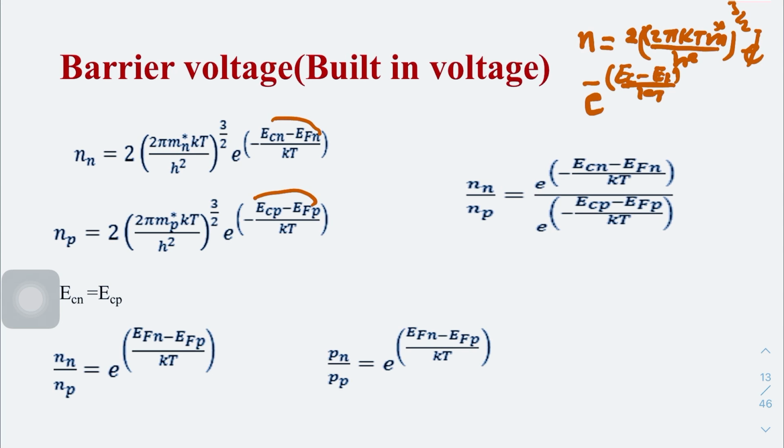Therefore, n sub p is equal to 2 (2 pi m kT over h squared) to the power 3 by 2 times exponential of minus (ECP minus EFP) over kT. Therefore, we have n sub n over n sub p equal to exponential of (EFN minus EFP) over kT, because ECN equals ECP and they are eliminated.